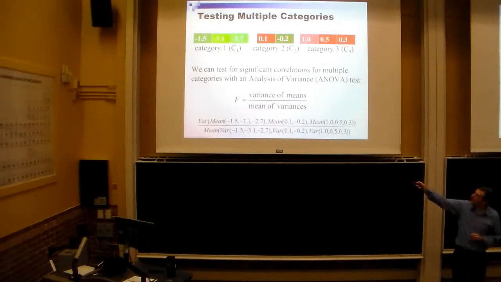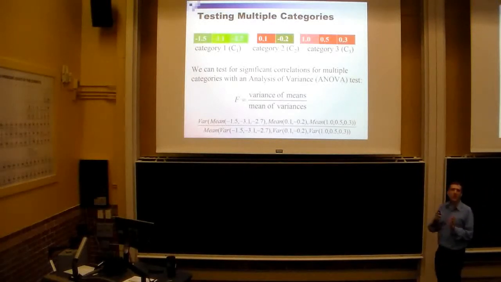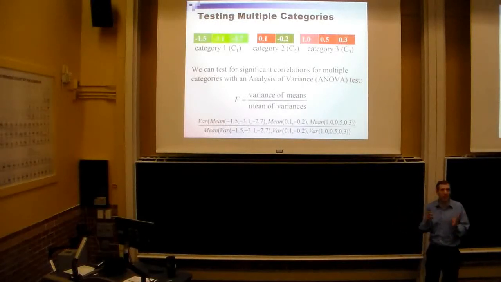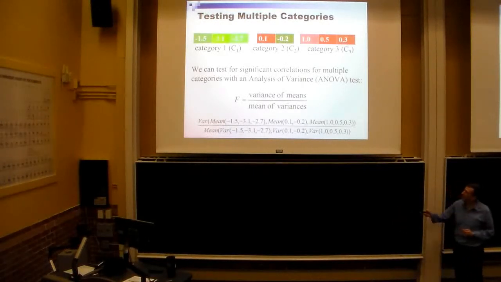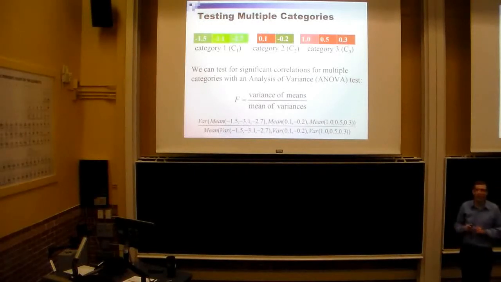In the ANOVA test, we're basically looking at the variance of the means of our categories divided by the mean of the variances. So it's the same idea that you want the means of the categories spread far apart relative to the variability within each category. To compute that, we first find the mean value of category 1, mean of category 2, and mean of category 3. And then we would measure the variance, so how spread apart those means are.